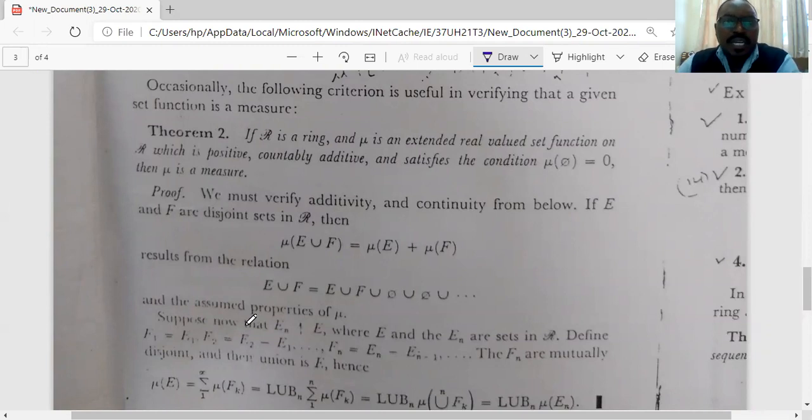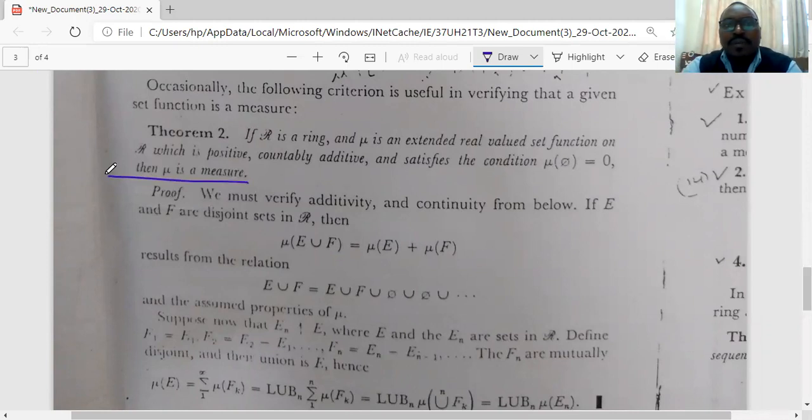If R is a ring and mu is an extended real-valued set function on R, right? So my mu in this case, the measure, is an extended real-valued set function on R which is positive, countably additive, and satisfies the condition that mu of the empty set is 0. That means it is a measure. Then mu is a measure. Because for a measure, you have to go through those conditions here.